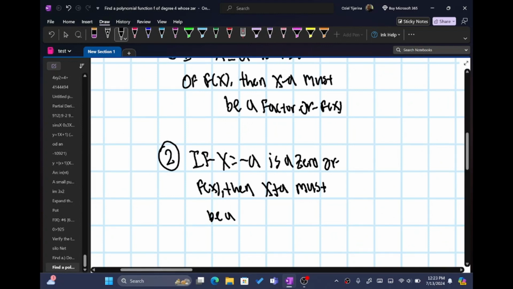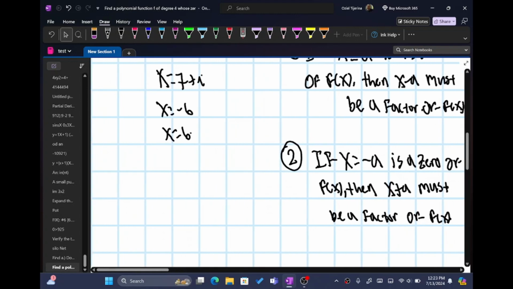So here, for these two different zeros, we have x equals negative 6 and x equals 6.